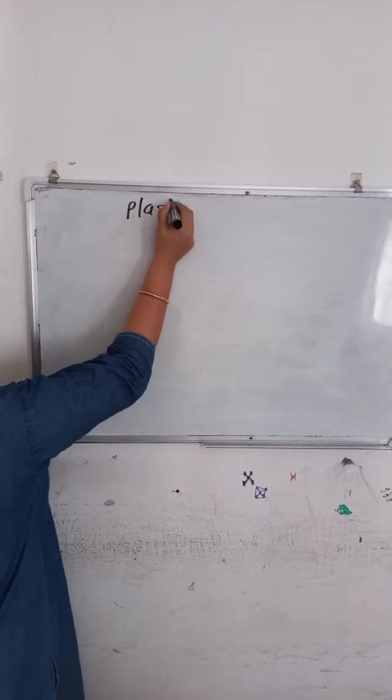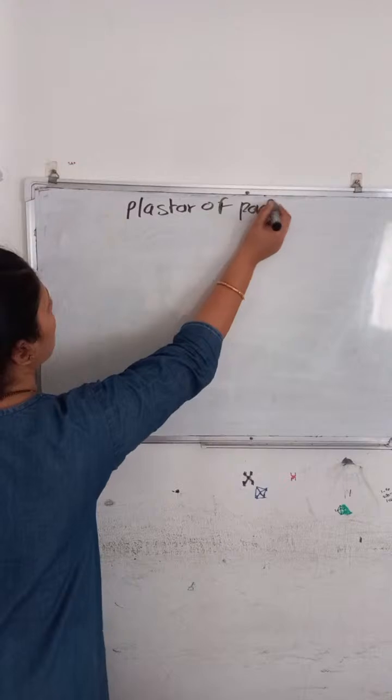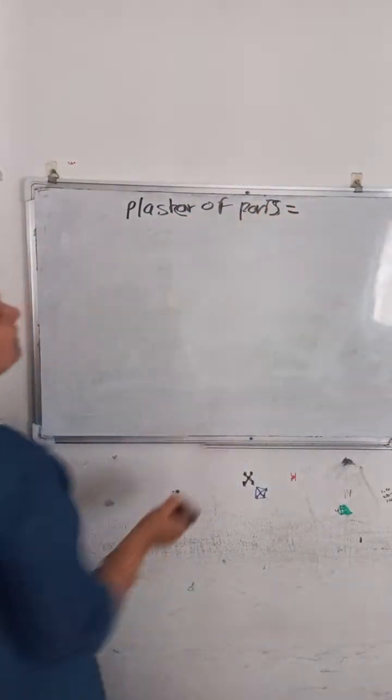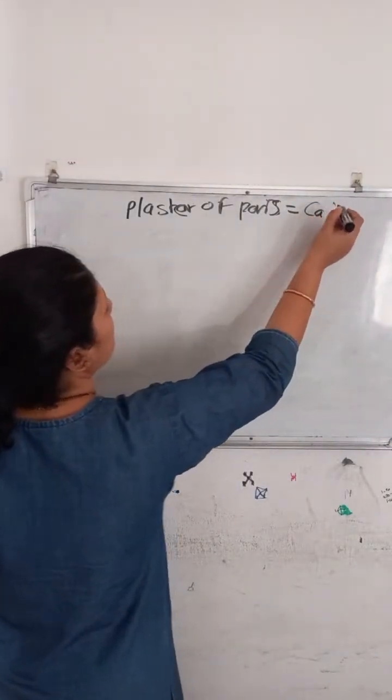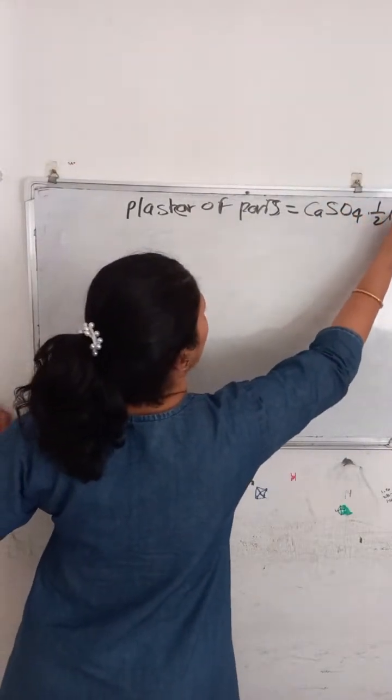Okay, plaster of Paris we are using. Its formula is CaSO4 half H2O, that is CaSO4 plus half H2O.